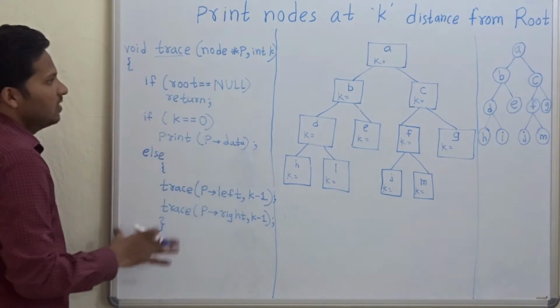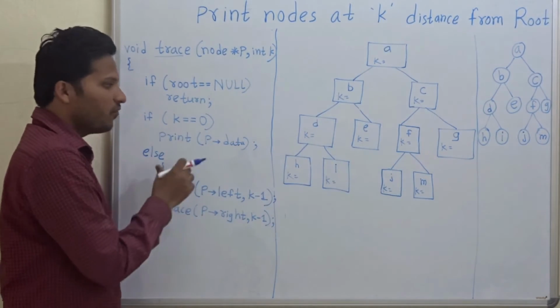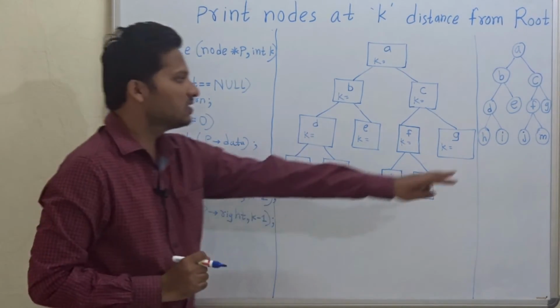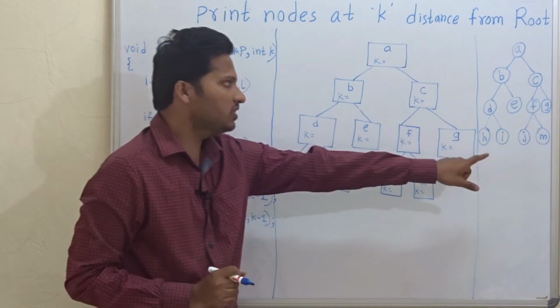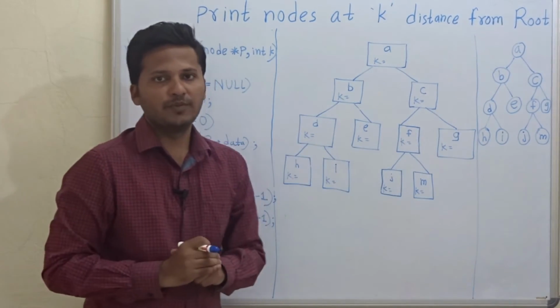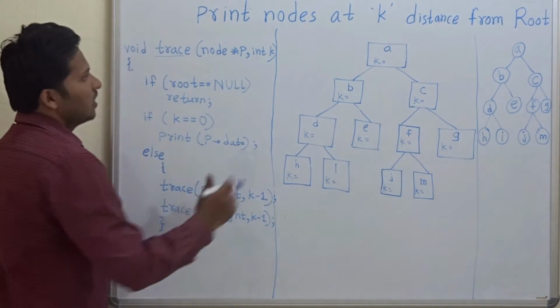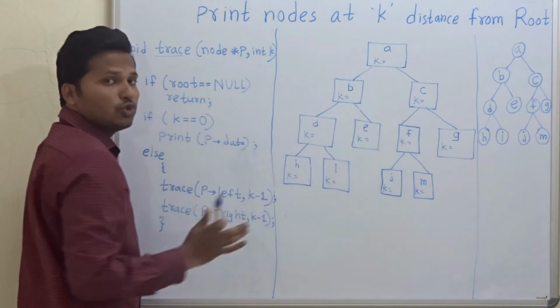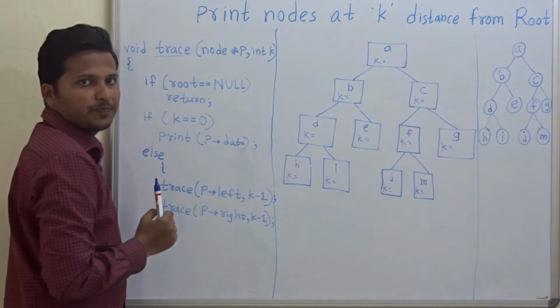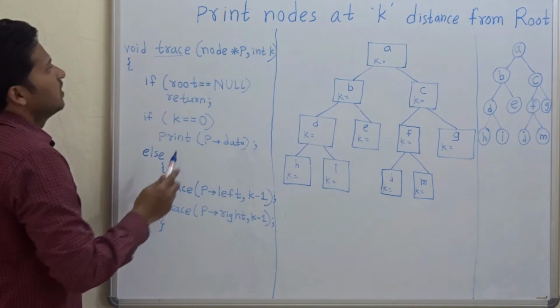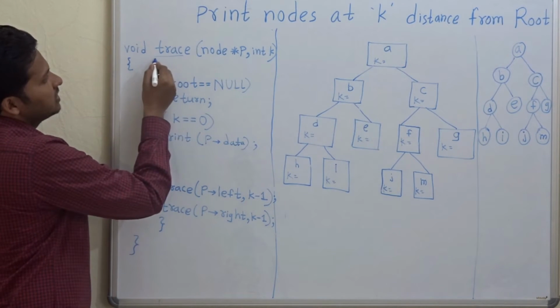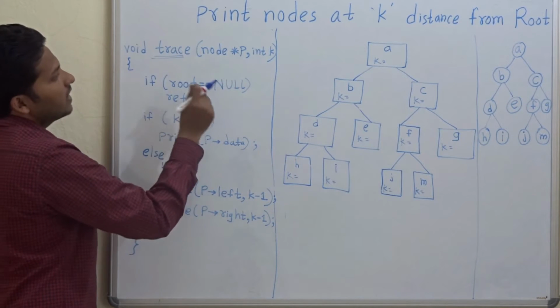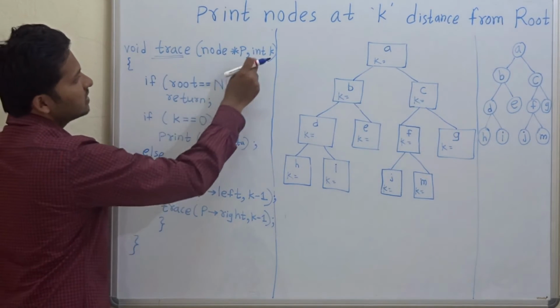This is the code and this is the recursion tree for this code, and this is the original tree for which we are executing the code. So here k is a variable which calculates the distance of each node from the root. The trick is that in the function which is named trace, we are going to pass the distance k.